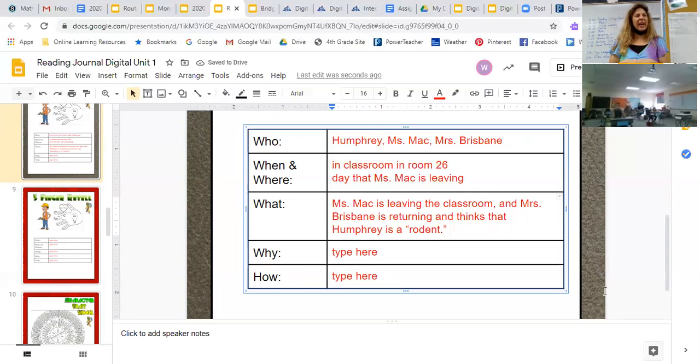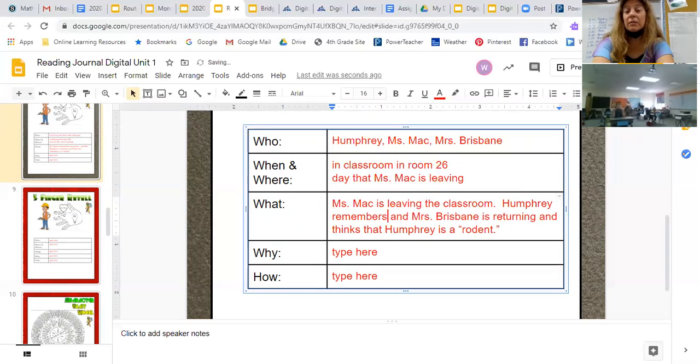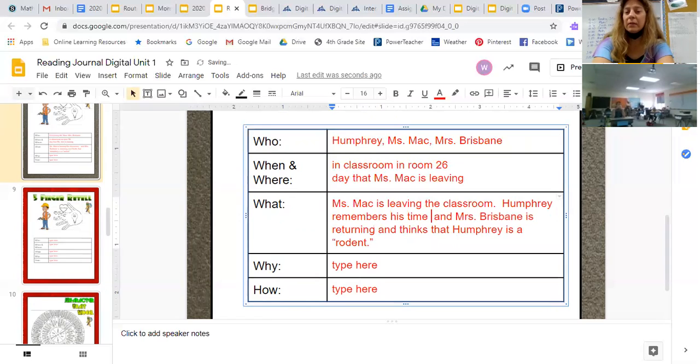He's thinking about that. Do we have a beginning, a middle, and an end here? At the beginning, Miss Mack is leaving. In the middle, no, I don't have the middle part. At the beginning, Miss Mack is leaving. Then I have to think about the middle, which was Humphrey remembers his time at Panorama.